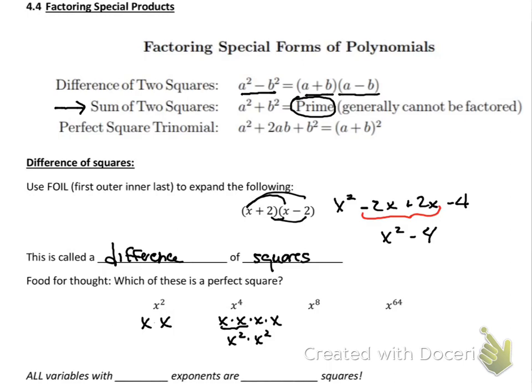So it also is a perfect square. Likewise, x to the 8th is x to the 4th times itself, and x to the 64th is x to the 32nd times itself. Therefore, we say all variables with even exponents are perfect squares.